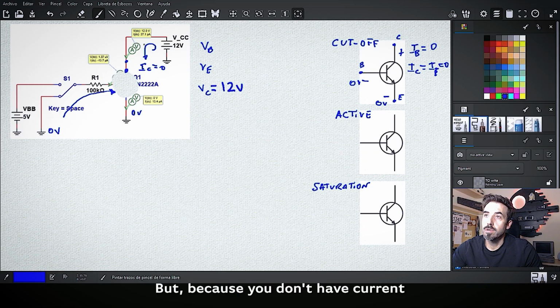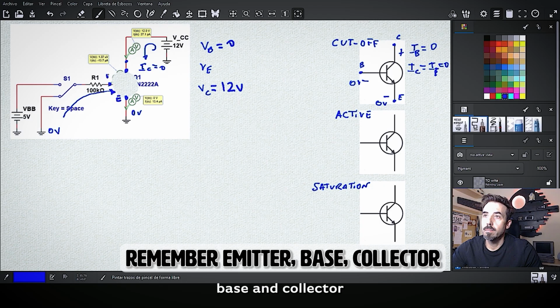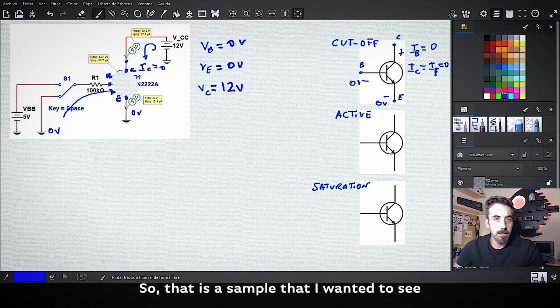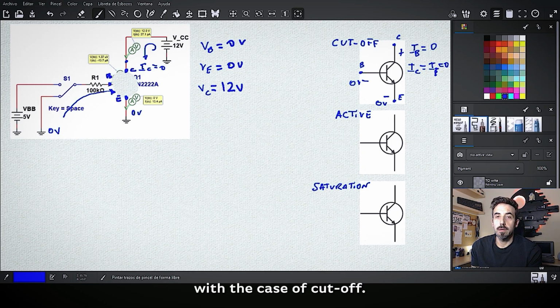But because you don't have current through, the voltage at the base is going to be set by 0 volt, the ground, and of course the voltage at the emitter, remember emitter, base, collector, is going to be also 0 volt. So that is an example that I wanted to show with the case of cutoff.